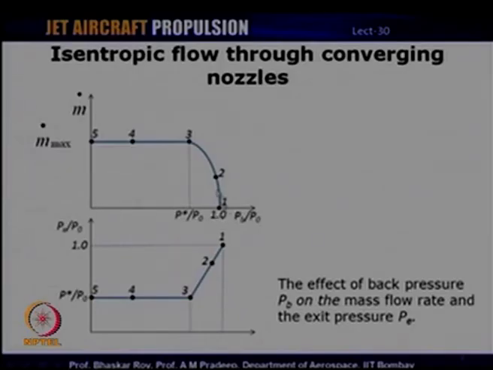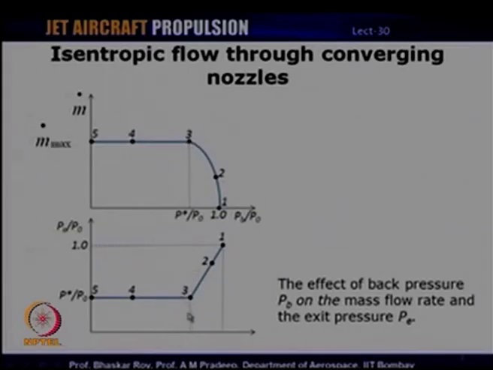Now, as the ratio Pb by P naught reduces, mass flow rate increases. As you can see here, from 1 it goes to 2. When Pb is equal to P star, which is the critical pressure, the mass flow rate reaches its maximum value, which is m dot max.